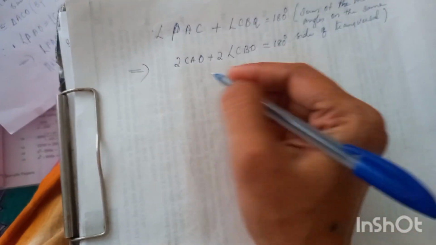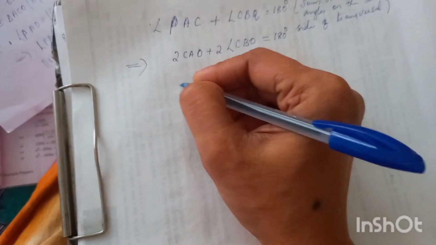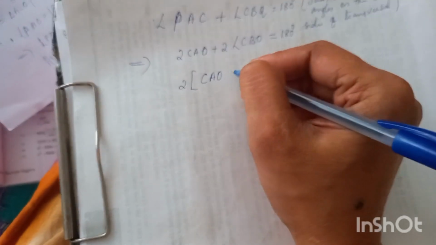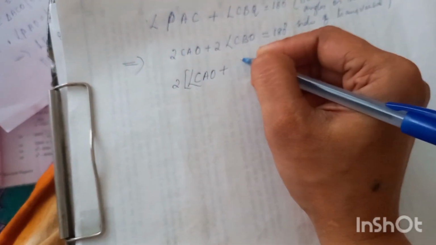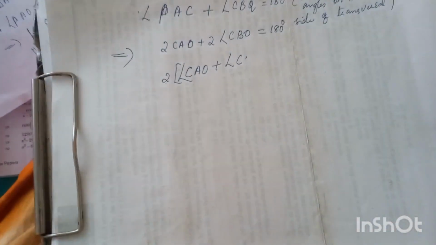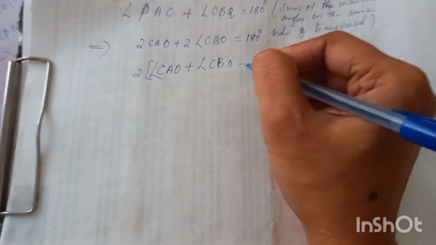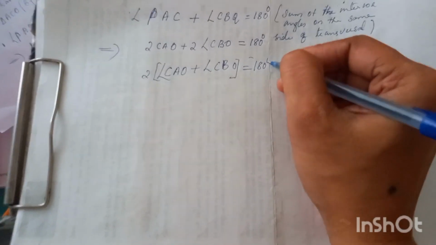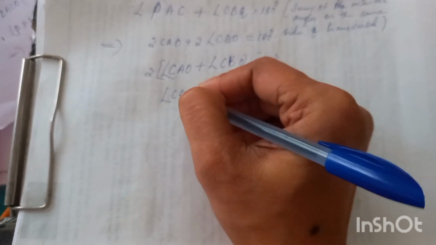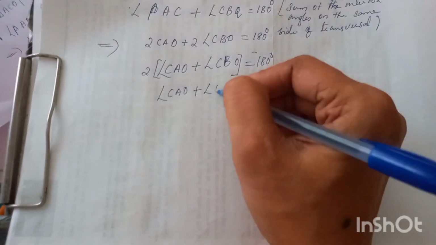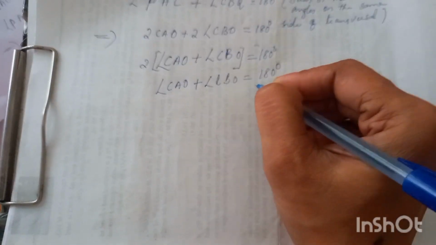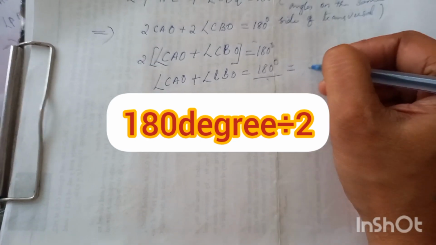From this, 2 we can take as common factor outside: CAO plus angle CBO is equal to 180 degrees divided by 2, which is equal to 90 degrees.